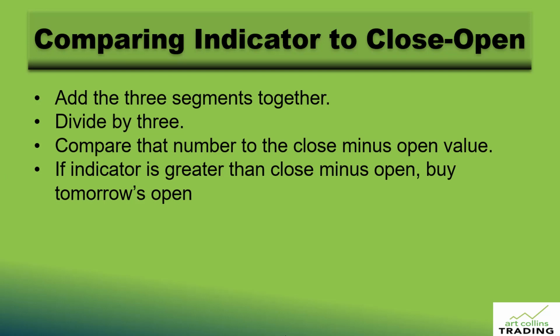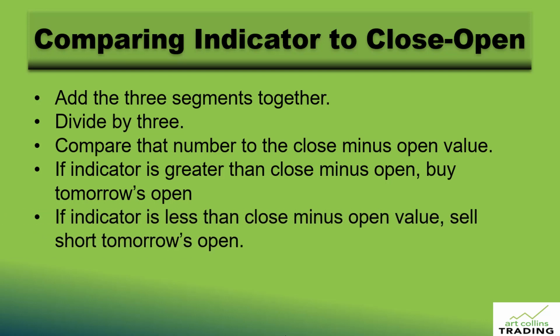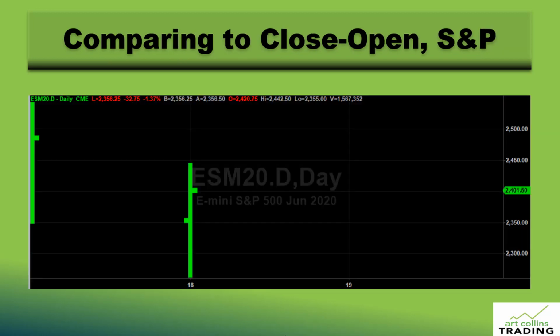If the indicator is greater than the close minus the open, that is a buy bias. Buy tomorrow on the open. If it's less than the close minus open value, sell short on tomorrow's open, and exit on the close. It's a little confusing, I guess, just hearing it, so let's do a visual.